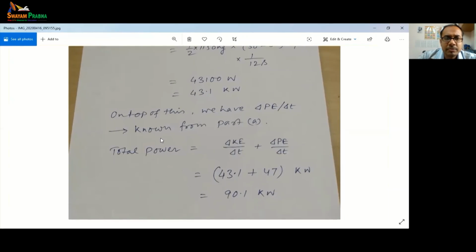So on top of this, we have the potential energy change as well. So the total power that we will get is the kinetic energy change by delta t and the potential energy change by delta t. The second part we are taking from case 1, which is 47 kilowatts. So now we are simply adding them up and we are getting 90.1 kilowatts.